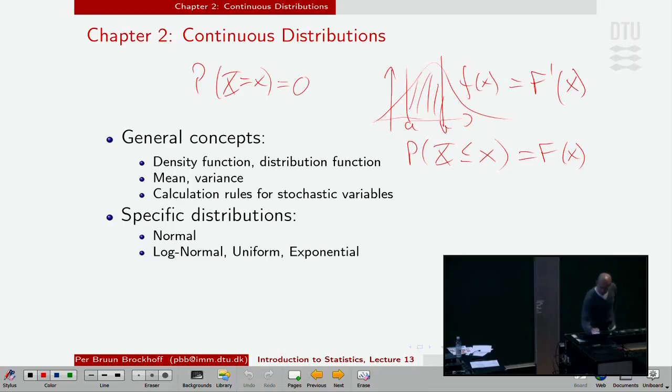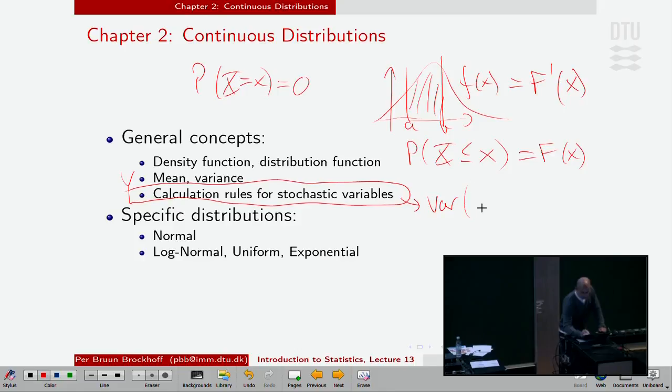We still have mean and variance definitions now defined by integrals instead of sums. And those rules were actually given to us. They worked both for continuous and discrete distributions.